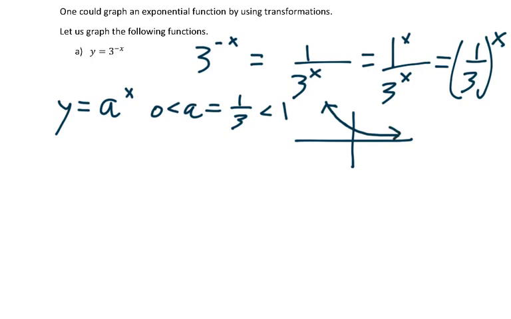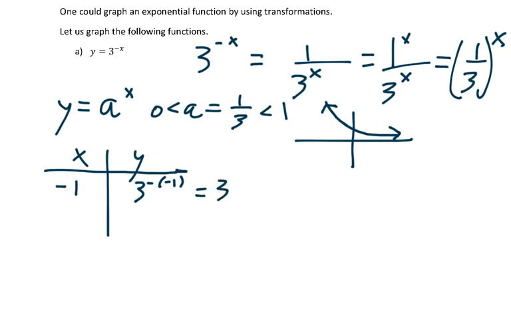Now let's see if we can actually sketch a graph that's better than this. Okay, so as before, let's get some points. If we take x to be negative 1, then y is 3 to the negative negative 1. But that's 3, since a double negative becomes a positive.